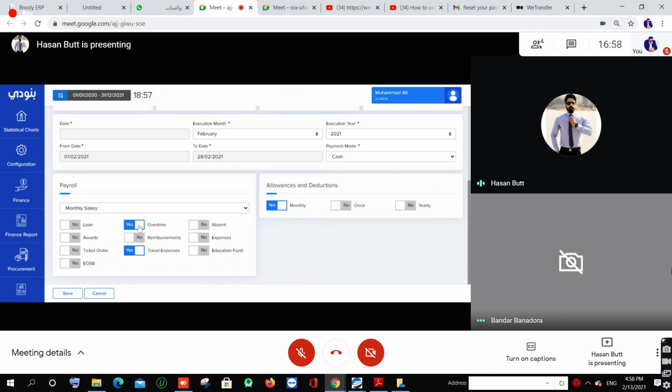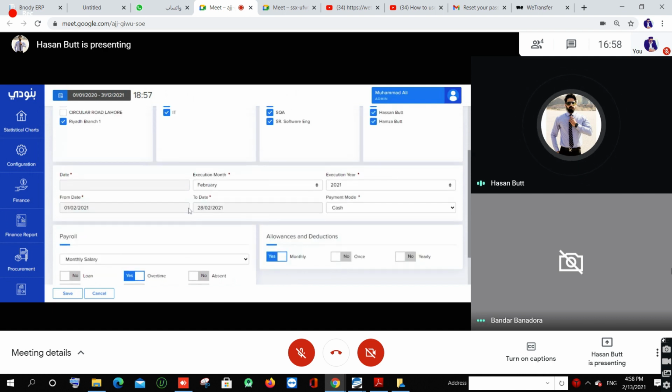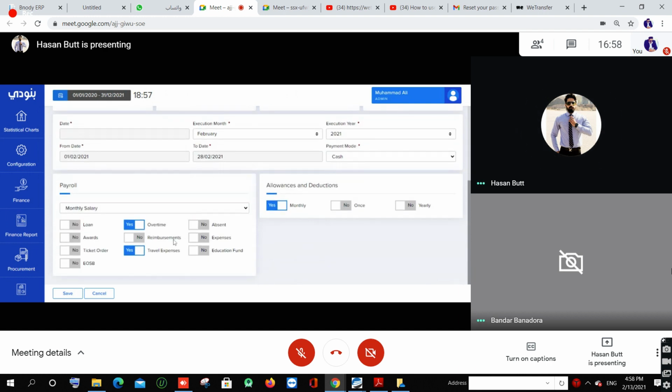If it is not, it means that the overtime will be given to him directly. If the overtime money was 50 riyals or 100 riyals, he will be given the 100 riyals of the overtime directly in his hand, in cash. But if it is like this, it means that it will be added to his salary. And if it is travel expenses, it means that the travel expenses will be given to him with his salary. The travel expenses will be added to his salary.